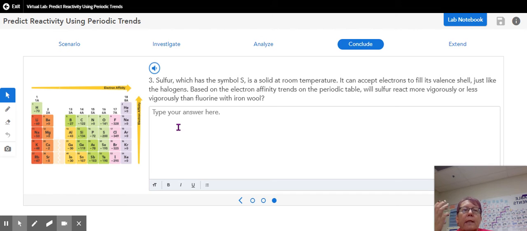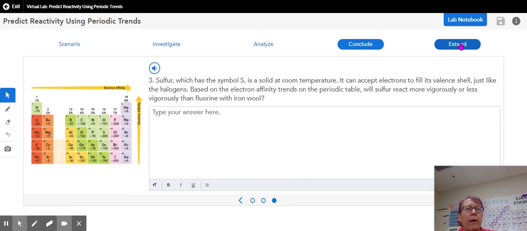And it's asking us, do we think that sulfur, which is right here, is going to react more or less than fluorine did with the steel wool? Okay, so it's asking you to kind of make a guess.